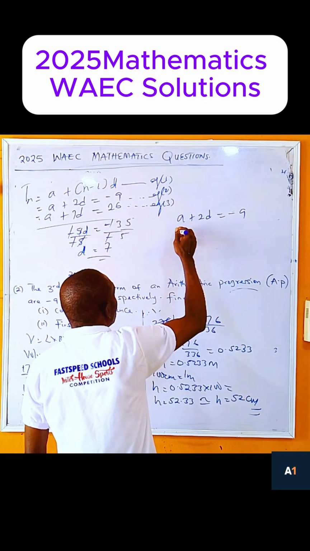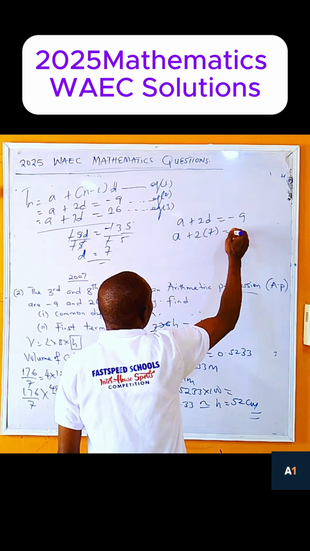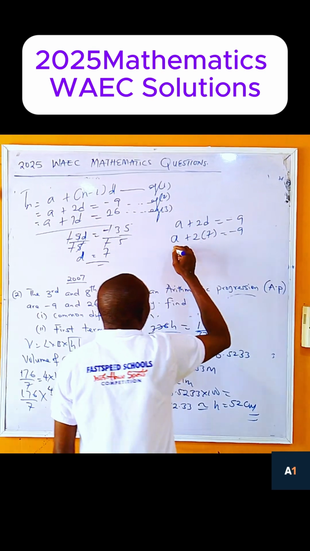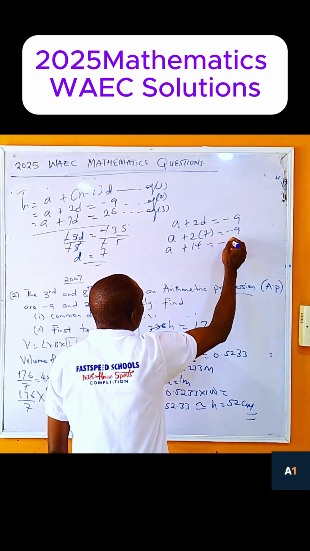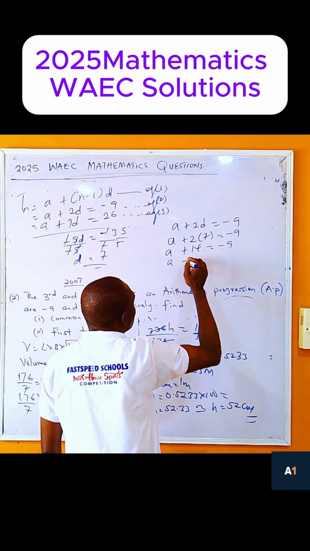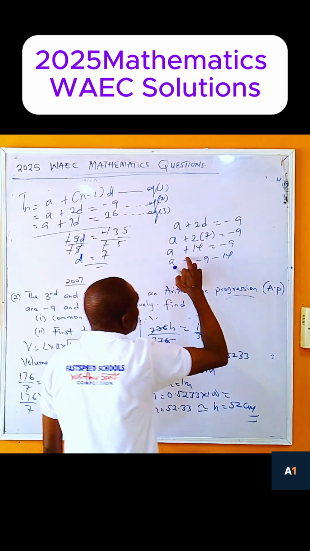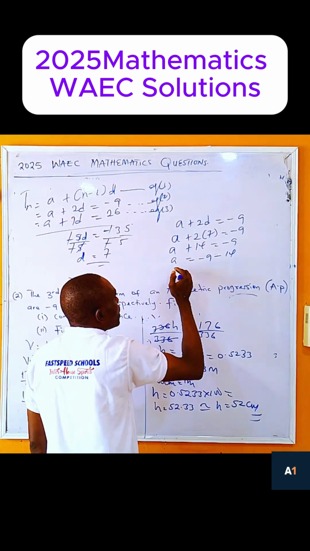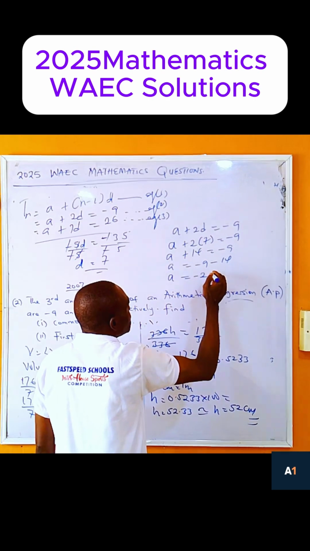A is unknown, then plus 2 bracket 7, equal to minus 9. So we have A, then 2 times 7 is 14, equal to minus 9. So A is equal to minus 9 minus 14 when you take it to the other side. So we now have A equal to minus 23.